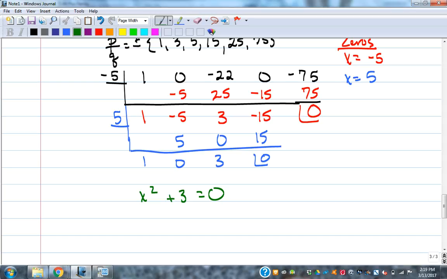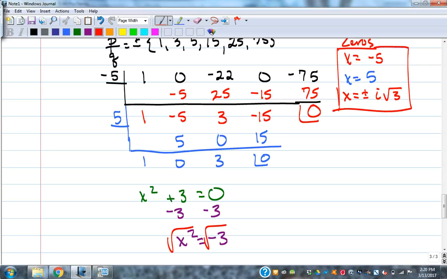There's a sum of cubes, but that's not cubes. Square roots, folks. Take the square root of each side, but I'm taking the square root of a negative number. So what's that do? Makes it a complex number, the i comes out. So plus or minus i radical 3.